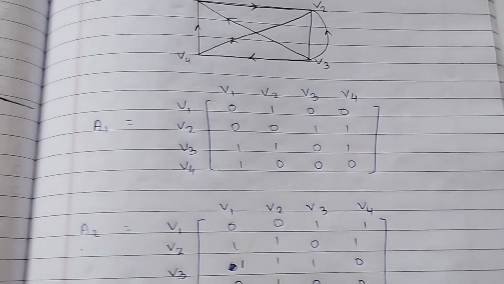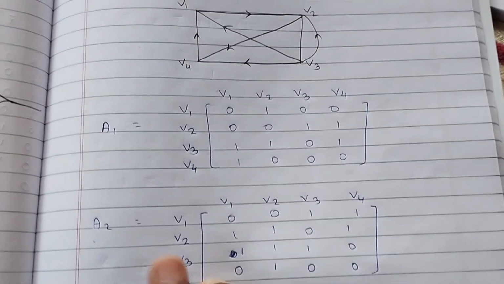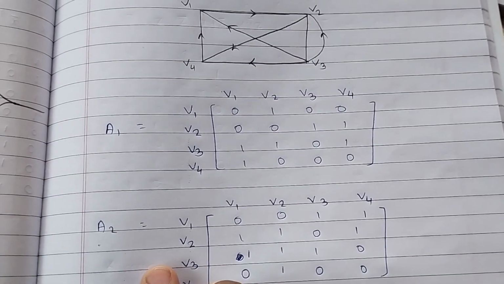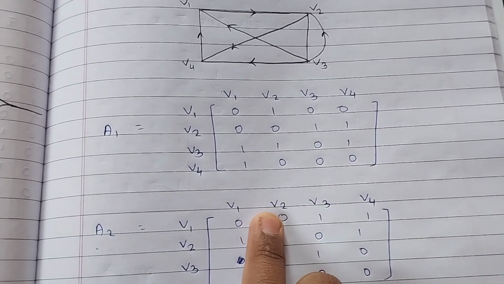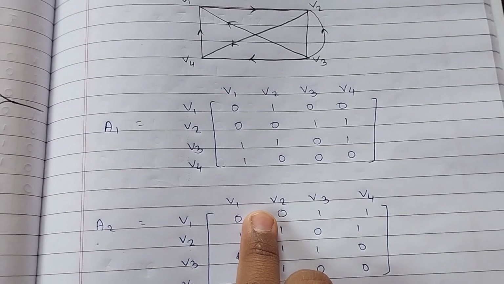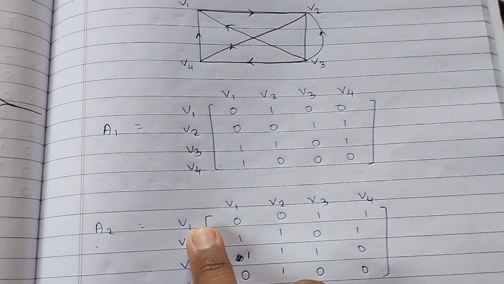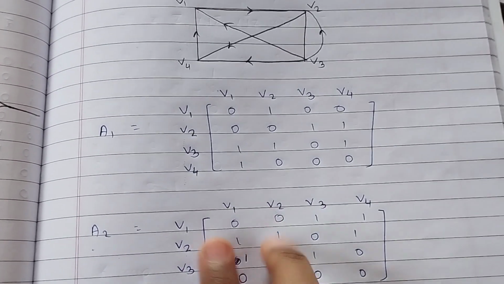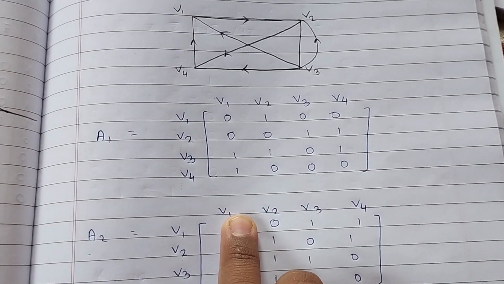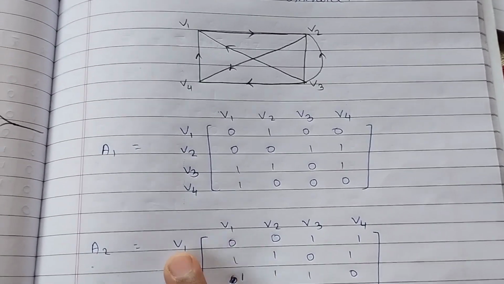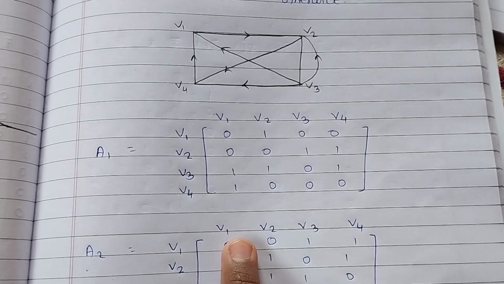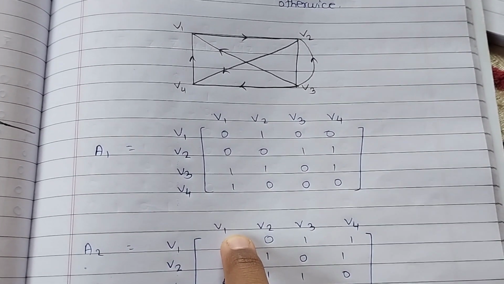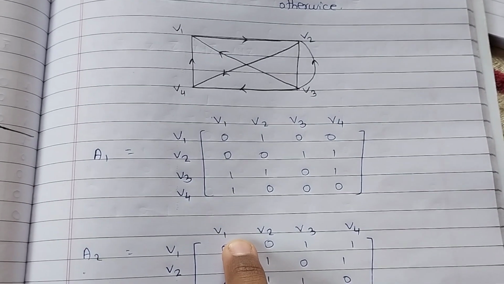Now let's see what A2 is. A2 means find out the path from source to destination, but in this path we want two edges from source to destination. Is there any edge from V1 to V1, any loop in this figure?